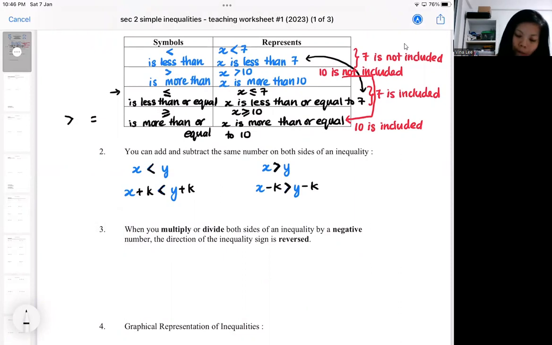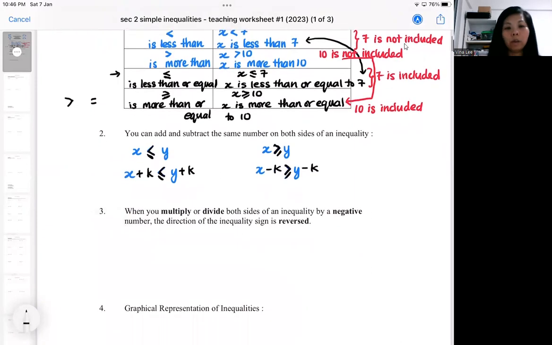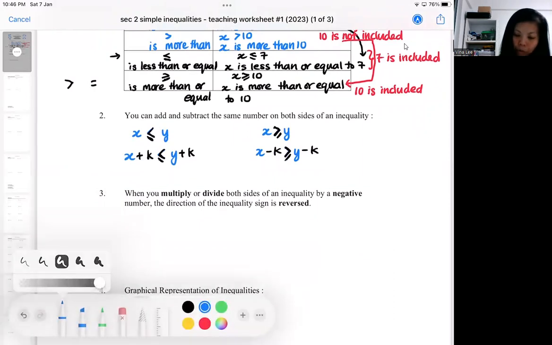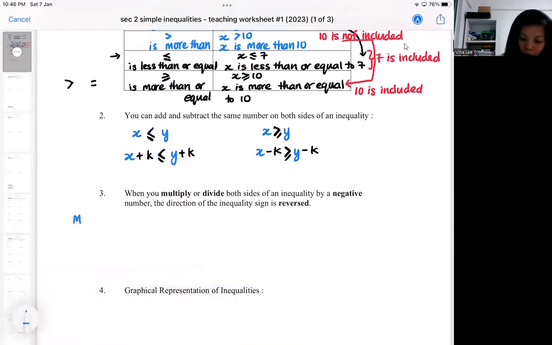Same for the equal part. If you have an equal sign, it will be the same idea. It doesn't change anything. The trick will be when you multiply or divide by a negative number. Maybe I show you the idea first when we multiply or divide by a positive number.